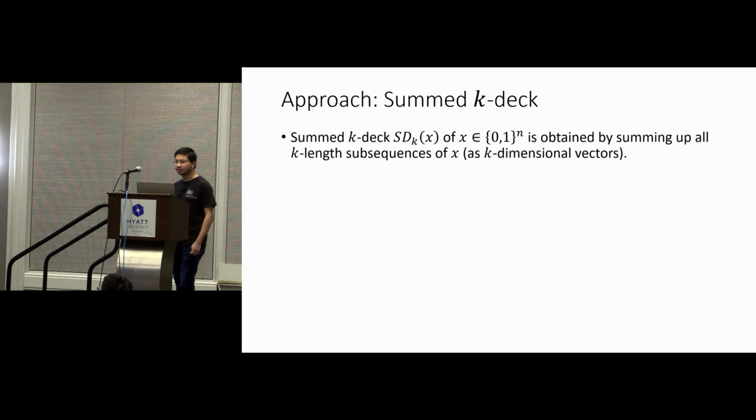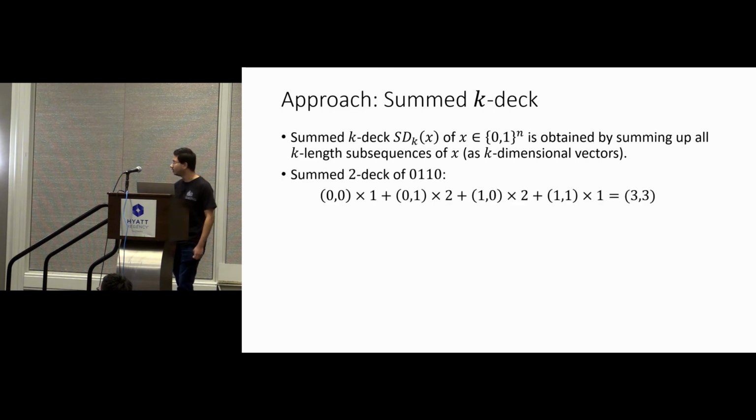We'll actually look at a simplified statistic of this k deck, which is called the summed k deck. This is obtained by just considering all the elements in the k deck as k-dimensional vectors and adding them up. So for the k deck we considered earlier, the 2 deck of this string 0, 1, 1, 0, we just look at all the sequences along with the frequencies and add these up.